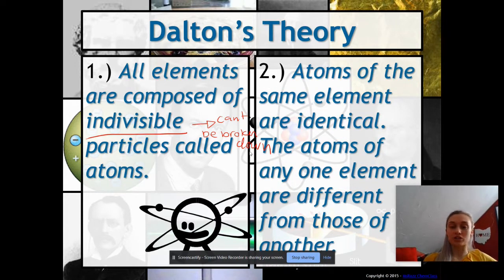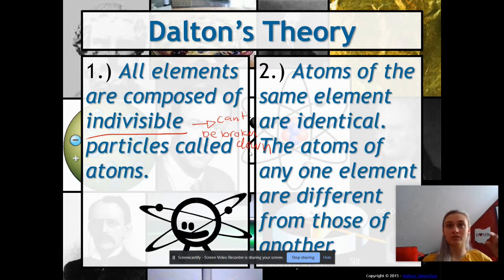The next one of his postulates is that atoms of the same element are identical. The atoms of any one element are different from those of another. And so what this means is, he's kind of true in terms of what we know today. So say we have an oxygen atom. All oxygen atoms are going to be the same, which is true for the most part.